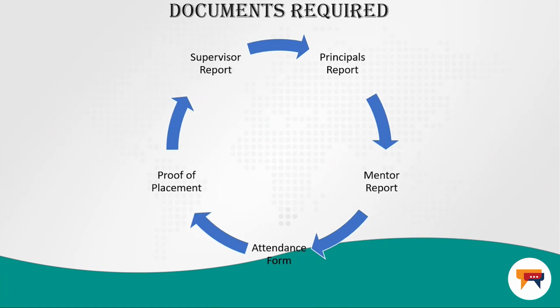Now, here are the documents that we require for assessment 2. We need the supervisor report. We need the principal report. We need the mentor report, the attendance register. You are given a form that you complete, and you've got proof of placement.